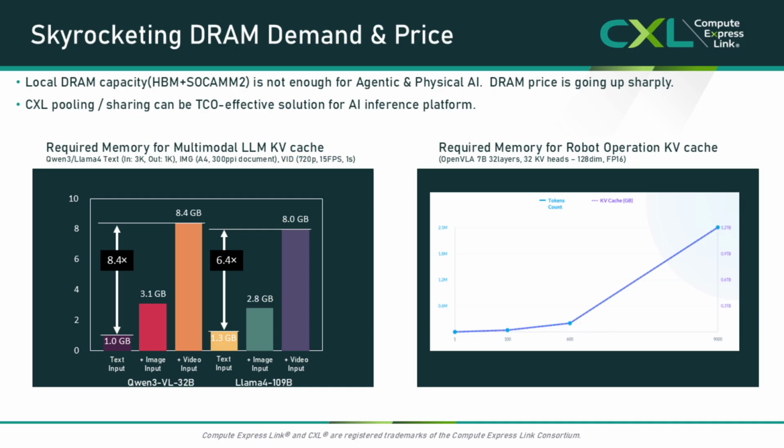To give you a concrete example, look at robotics. If you want a robot to function for just 15 minutes with 10 actions per second, you need about 1.2 terabytes of memory just for the KV cache. Furthermore, this data needs to be maintained as a form of long-term memory for future reuse.